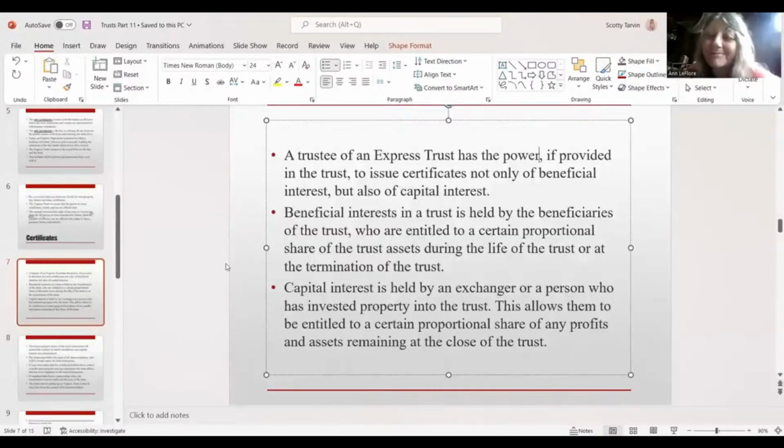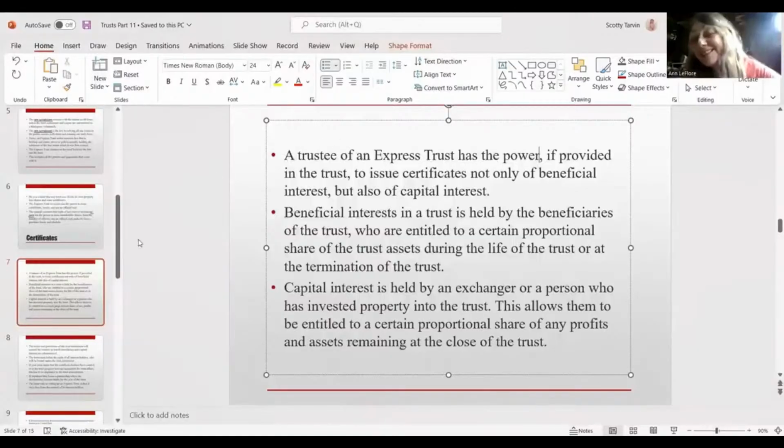Capital interest is held by an exchanger or a person who has invested property into the trust. This allows them to be entitled to a certain proportional share of any profits and assets remaining at the close of the trust. All right, got anything to add to those?